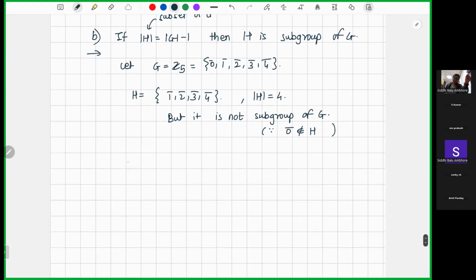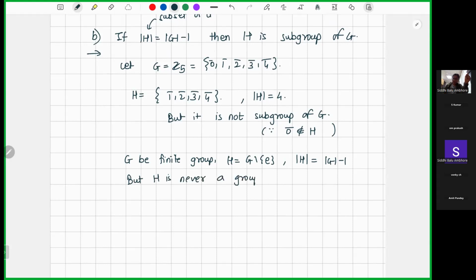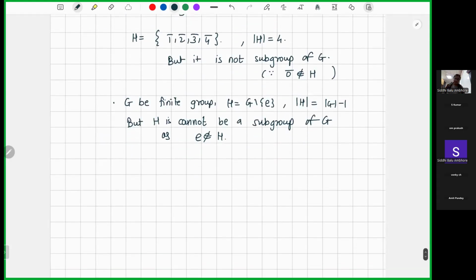Let G be a finite group, any finite group. Then G minus the identity has cardinality |G| - 1, but H is never a group, or H cannot be a subgroup of G, as E does not belong to H. Okay, so you can keep this in mind.